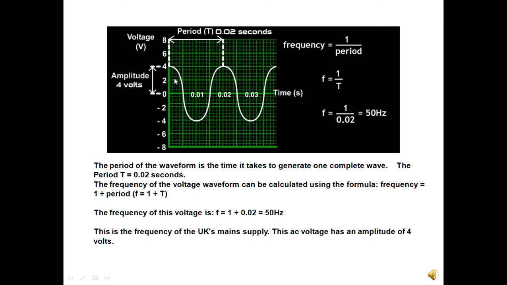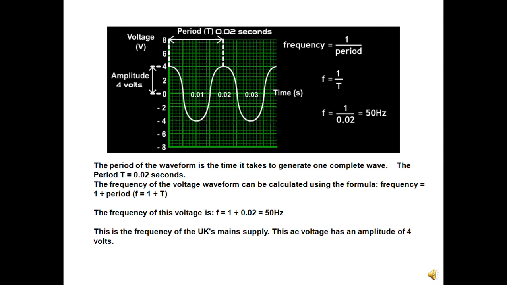And in terms of using an oscilloscope trace to establish the frequency of our signal, we look here and we are told that each 5 small squares is worth 0.005 seconds.